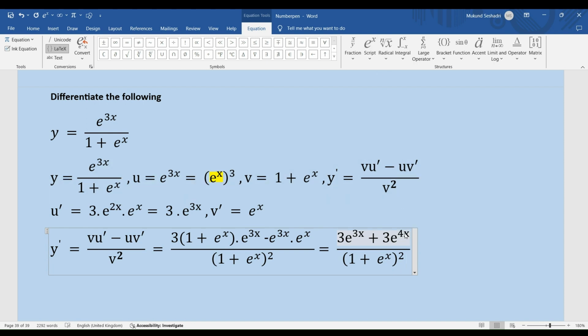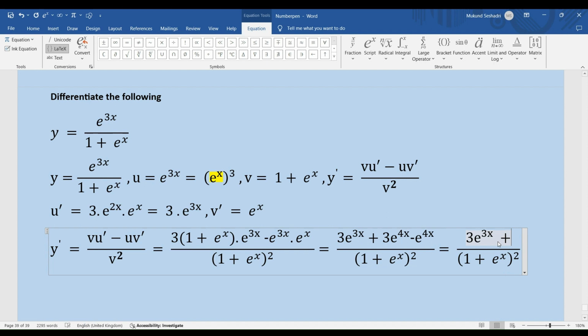And then I have my second part, which is nothing but e to the power 4x, right? I have an e to the power 3x into e to the power x, which is nothing but e to the power 4x. So there I have my final answer. 3 times e to the power 3x, which I write as it is.